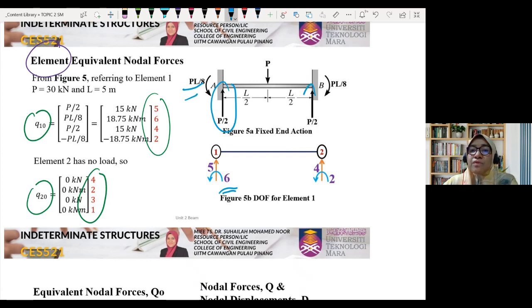Here P over 2 is for node number 4, that is not degree of freedom number 4. For the moment here, we compare this moment to this moment. It is opposite, which means negative.